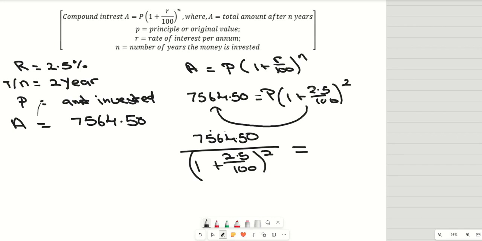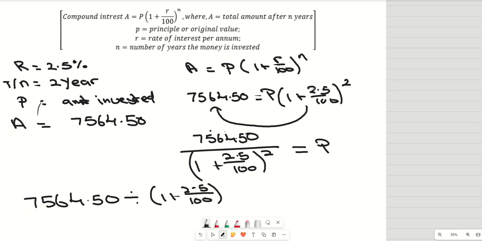This is equal to P. In your calculator, what you're going to put is 7564.50 divided by open bracket 1 plus 2.5 over, which is the ABC button, 100, close bracket, to the power of 2, which is the YX button, or it has X2, both of them is squared, right? And that is equal to P.